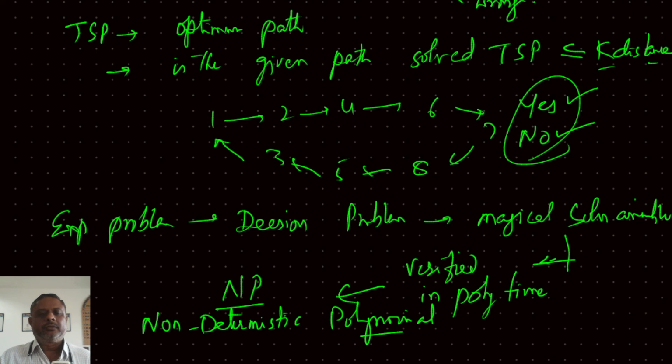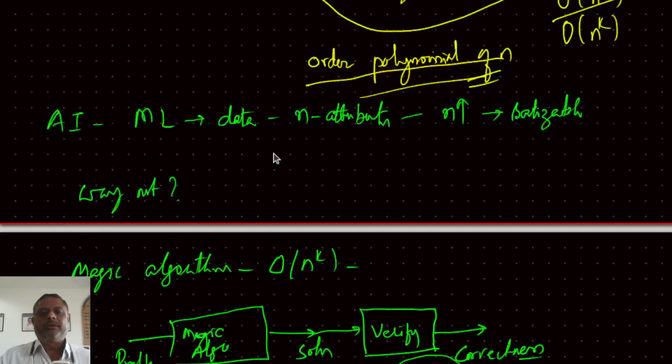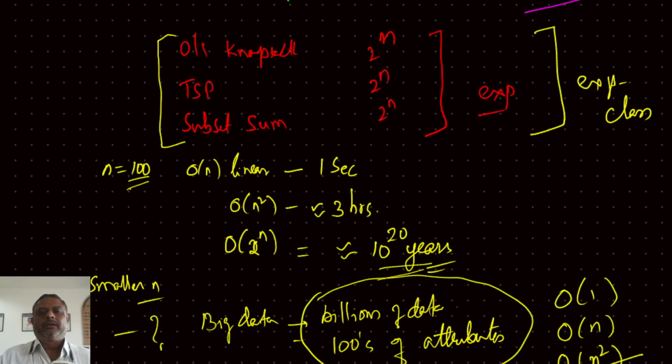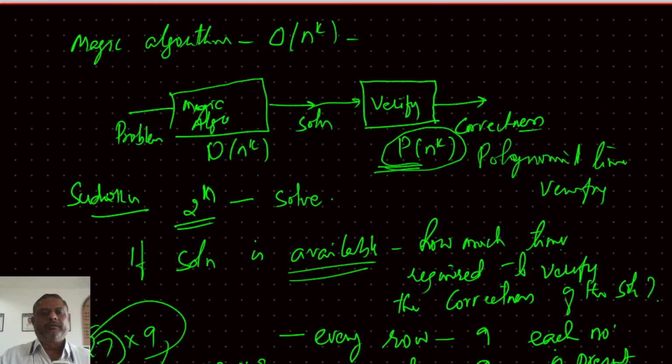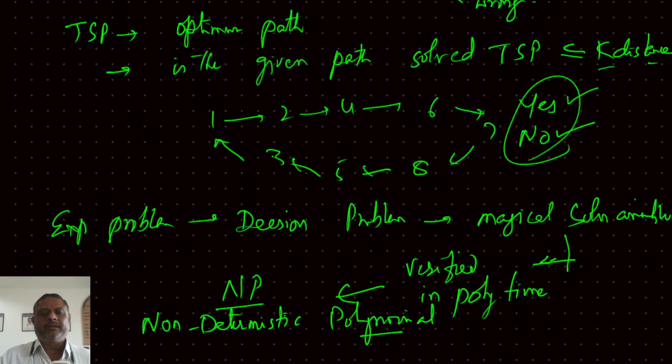So what is it saying? Our solution for the problem was actually requiring exponential time, but we could solve it in polynomial time magically. Magically means definitely we don't know how to solve it. So we call it a non-deterministic way of solving, because we don't know how to solve that, and it is done in polynomial time.